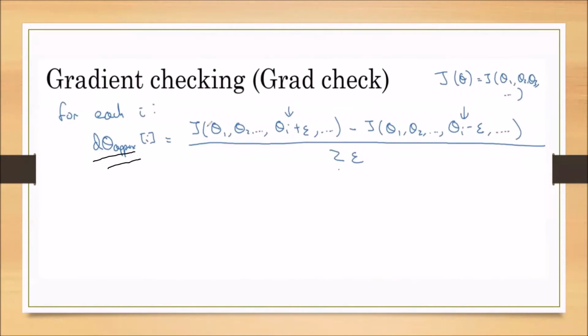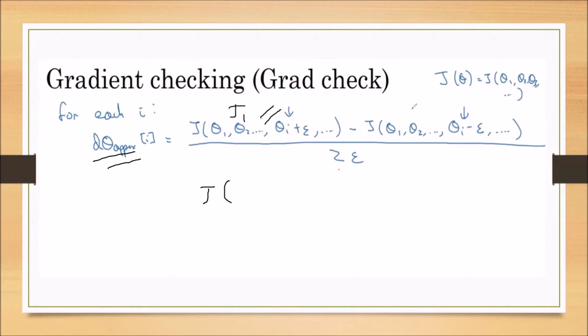In this method, as we already have the matrix theta and d theta, we change the thetas in the cost function. We add epsilon to every value of theta, theta 1, theta 2. In normal words, you can think of adding epsilon to every parameter, w1 and w2. By adding epsilon to every parameter, we calculate the cost function, which you can call j1.